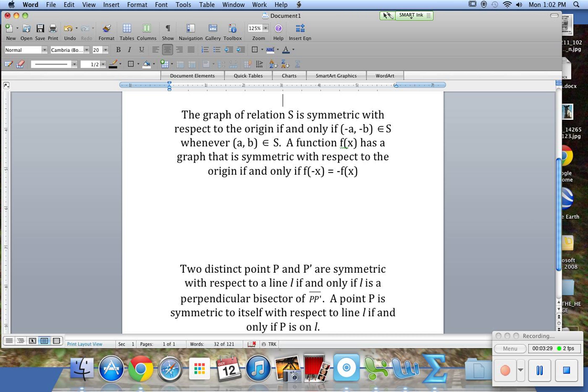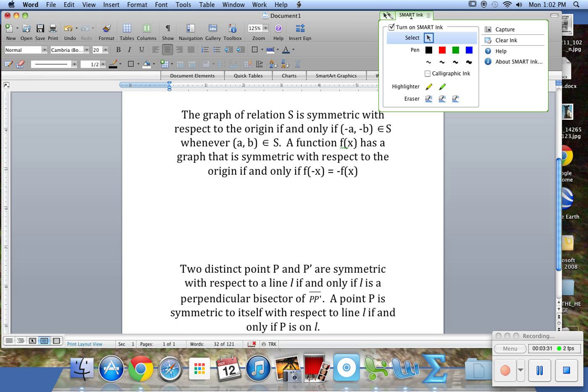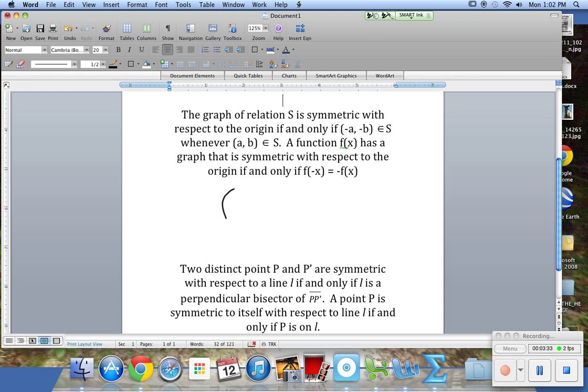It means if we take a function f of x, and for that function we put in a negative x, it would be the same as saying that f of negative x equals negative f of x. That means it's symmetrical. That's what it's saying here.